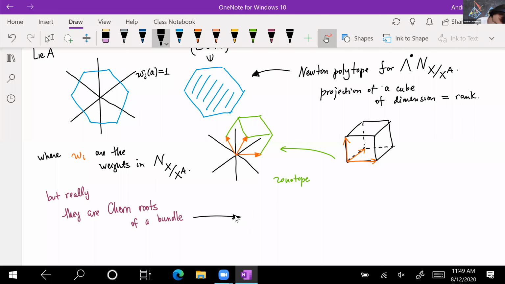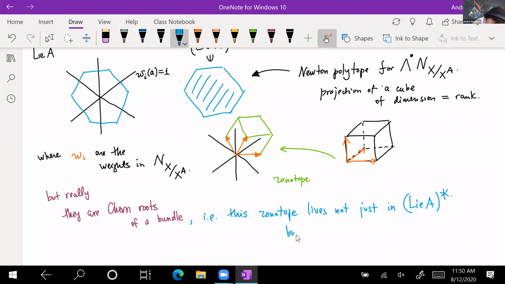I.e., the zonotope lives not just in the dual of the Lie algebra, but in fact in equivariant Picard, the fixed locus.